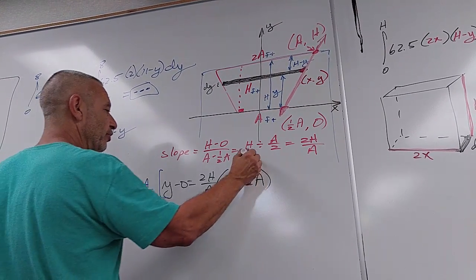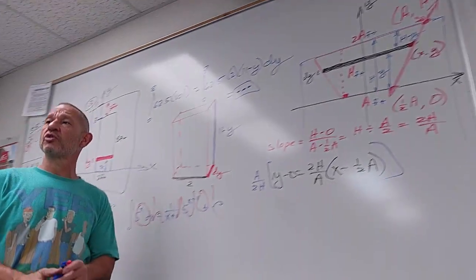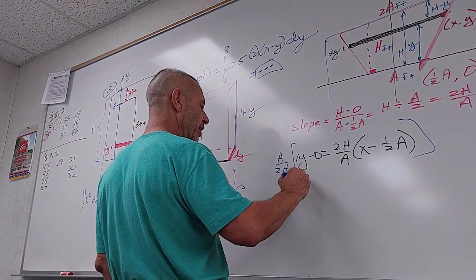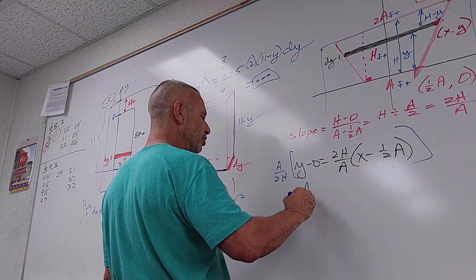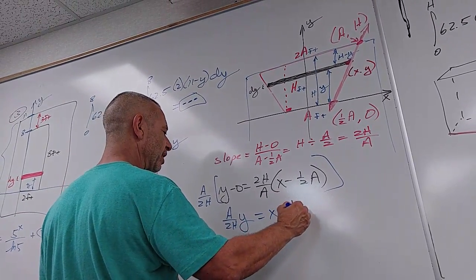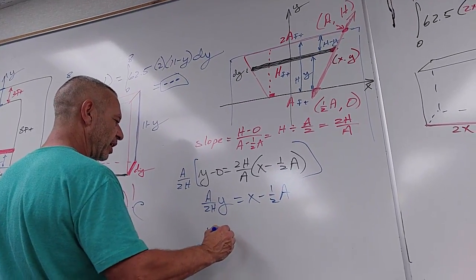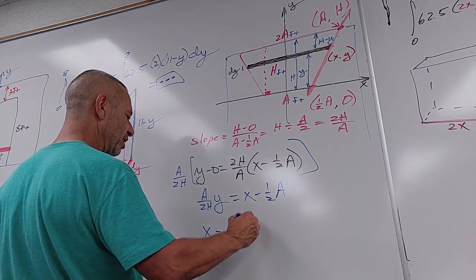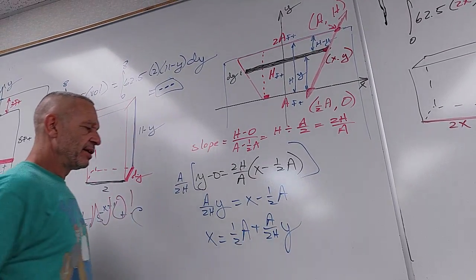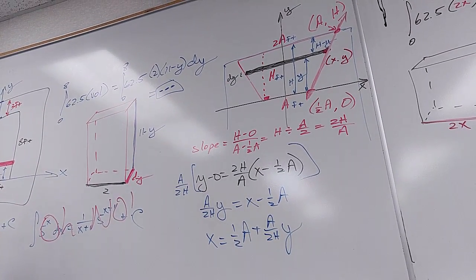All right, no point in simplifying the line in the traditional manner because that would solve for y. So if I do this, I get a over 2h times y equals x minus 1/2 a. And so x is 1/2 a plus a over 2h times y. You may want to get a common denominator.